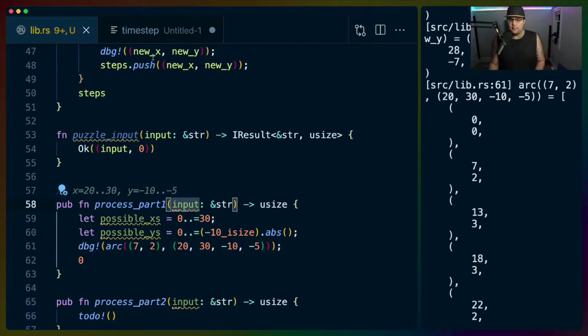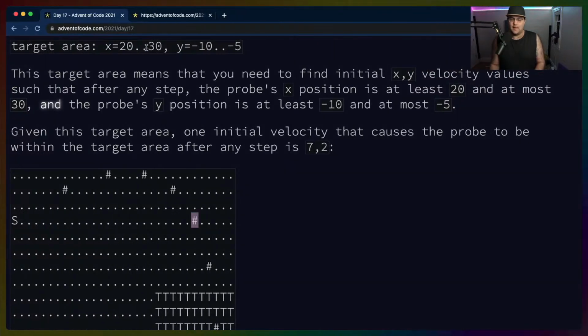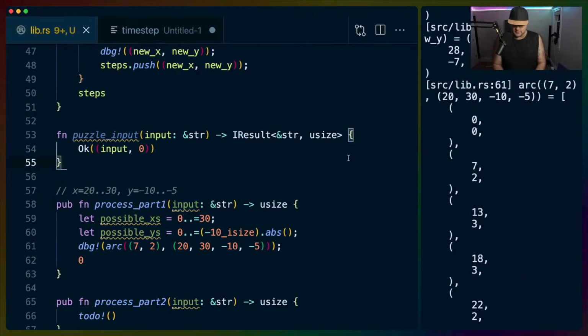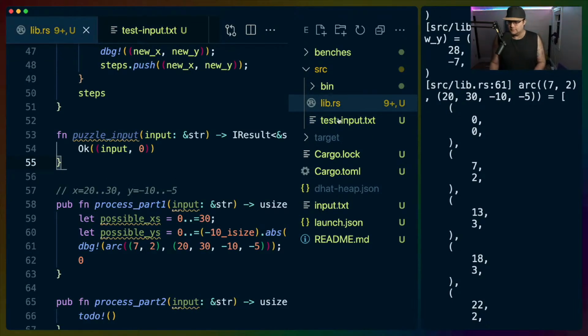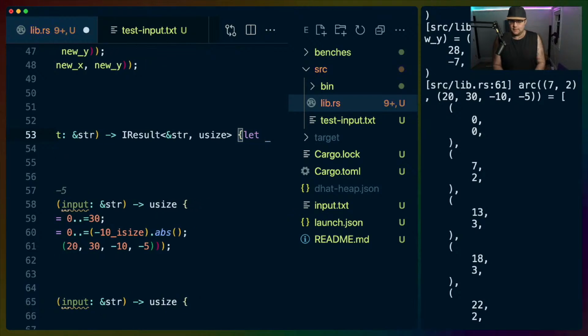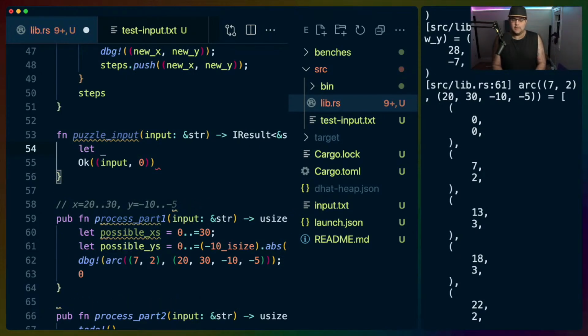So let's do the input so that we can have the input and maybe write some tests. Target area is this. Test input is this. So tag x equals and the dot dots. Puzzle input right here. So let input throwaway equals tag this.